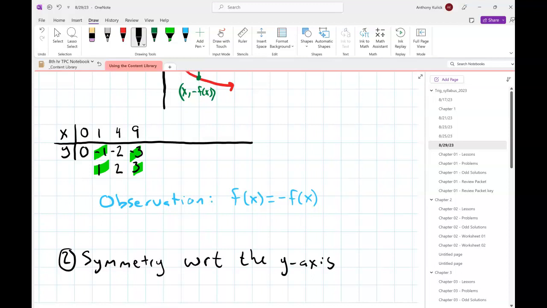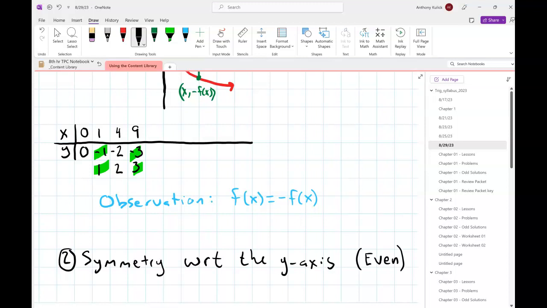Now, this particular type of symmetry has a special nickname. We say that functions with this type of symmetry are even functions. In mathematics, we love to have lots of different names for things because, well, even is a whole lot shorter than another thing.